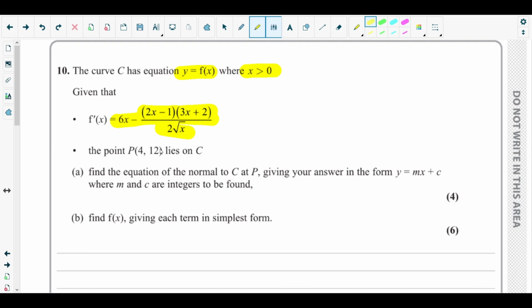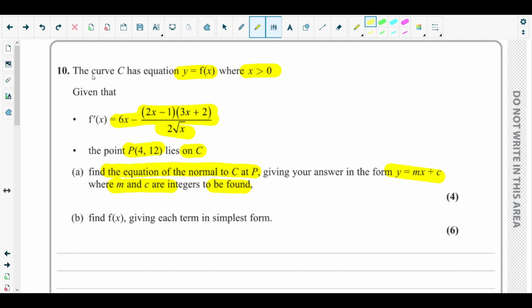The point P (4, 12), x coordinate 4, y coordinate 12, lies on C. So we know the gradient function of f of x, and also the coordinates of a point that lies on the curve C. Part A: find the equation of the normal to C at P, giving your answer in the form y equals mx plus c, where m and c are integers to be found. So we need to find the equation of the normal.